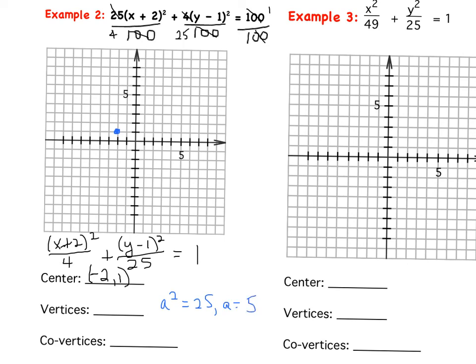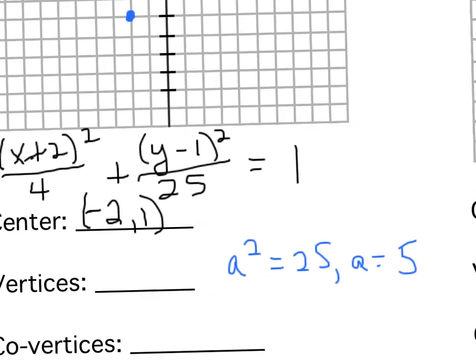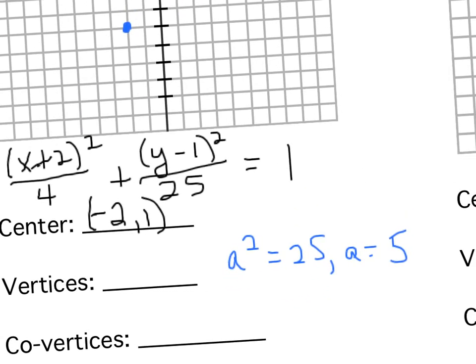So from our center, we go up 5 to the point negative 2, 6, and down 5 to the point negative 2, negative 4. So then we can write our vertices here at negative 2, 6 and negative 2, negative 4.